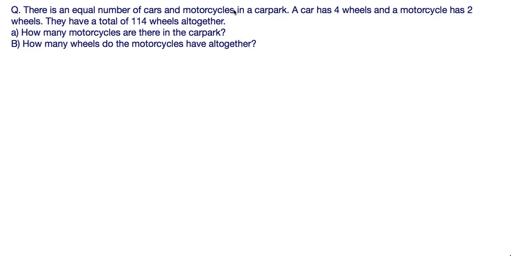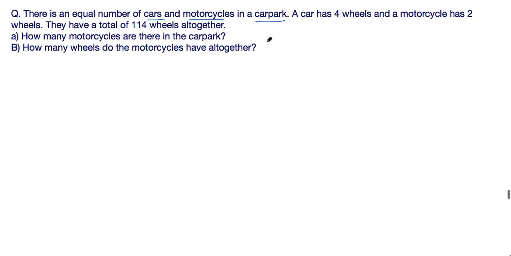Once again, there is an equal number of cars and motorcycles in a car park. So one thing is clear: the number of cars and motorcycles in the car park is the same. Now this information is quite redundant. I would say that a car has four wheels and a motorcycle has two wheels, as a primary four student, all of you should be knowing this.